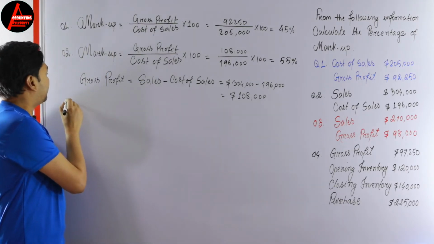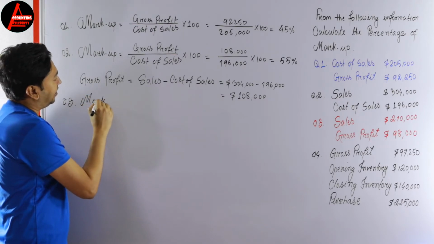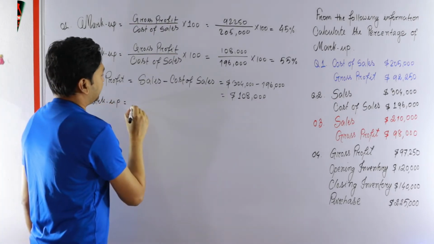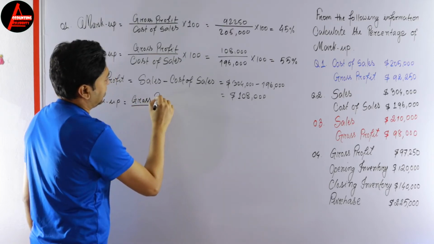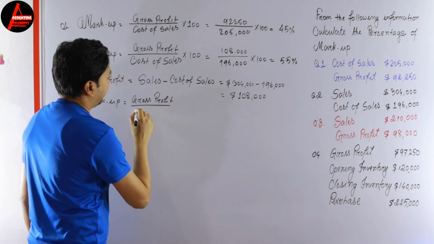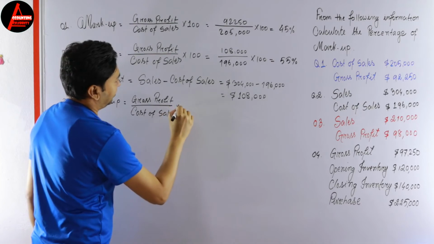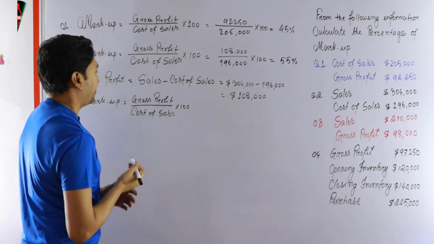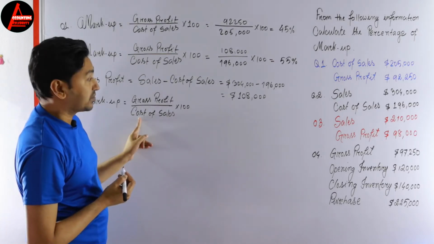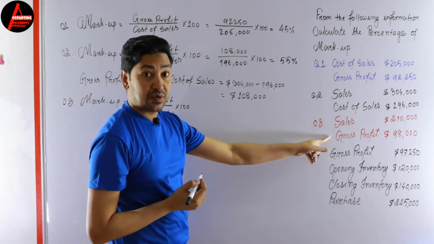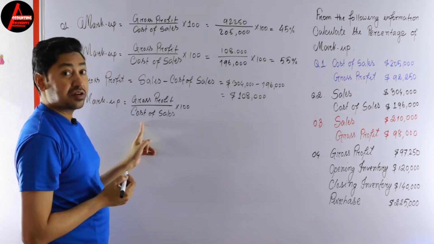Let us write number 3, markup equals, again same formula, gross profit divided by cost of sales times 100. Here we do not have cost of sales, we have gross profit, so we need to calculate cost of sales. How to calculate cost of sales here?